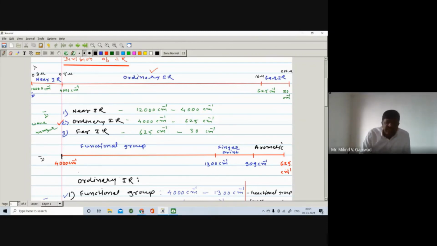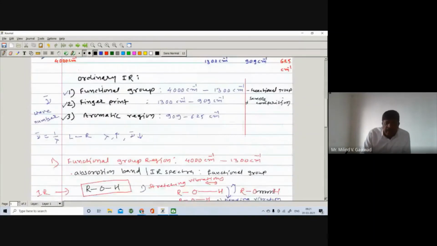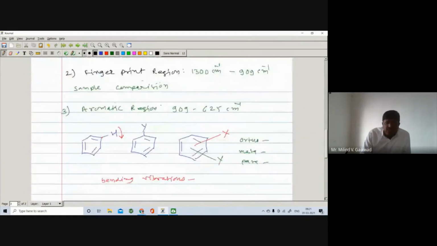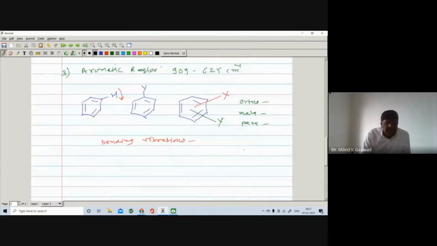Right? So this is the functional group, fingerprint, and aromatic region. We have learned the use of these three regions. A question of 3 marks they may ask: what is the use of IR spectroscopy?